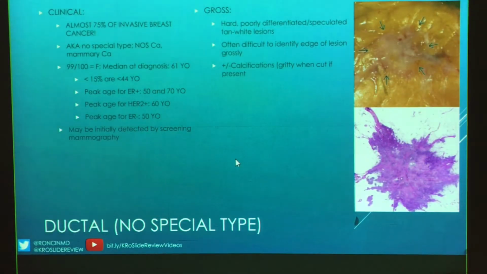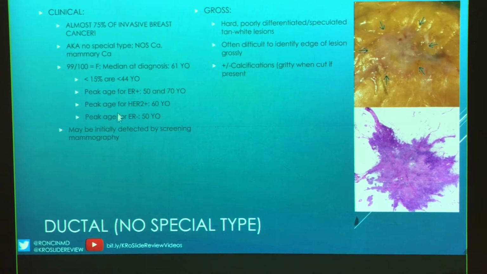So again, ductal or no special type. This accounts for 3/4 of all your invasive breast cancers, and almost all of them are going to be women. About 1 out of 100 cases you'll have will be a guy. They're going to be average age of 60s, and obviously incidence will increase with age. I have in here your peak incidences for your hormone positive, your HER2 positivity, and your triple negatives or hormone negatives.